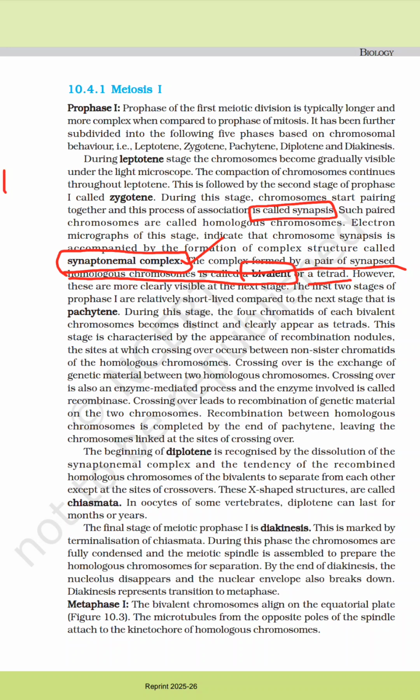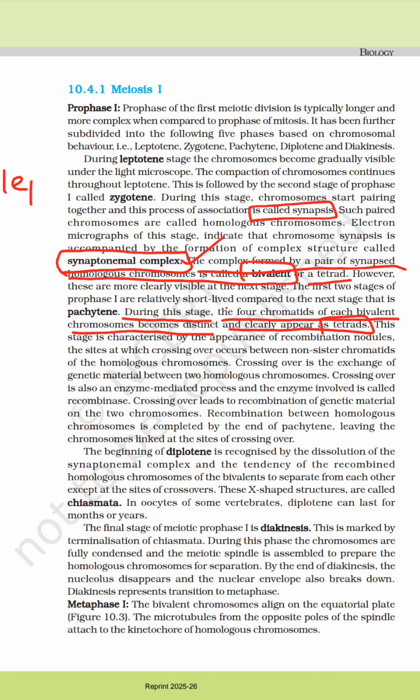Leptotene, zygotene and then pachytene. During pachytene, the 4 chromatids of each bivalent become distinct and clearly appear as the tetrad.